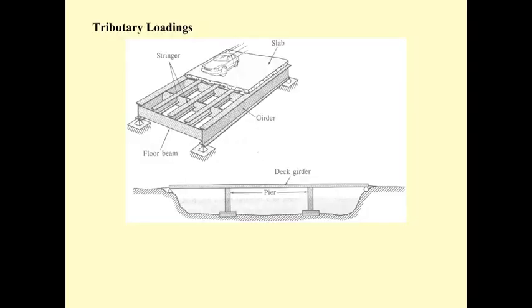Another example about transferring the force, or you may call it tributary loading, is the bridge. The weight of the car transfers to the slab, the weight of the car and the slab transfers to the stringer, and the force the stringer resists transfers to the floor beam, the reaction from the floor beam transfers to the girder, and from the girder to the column.